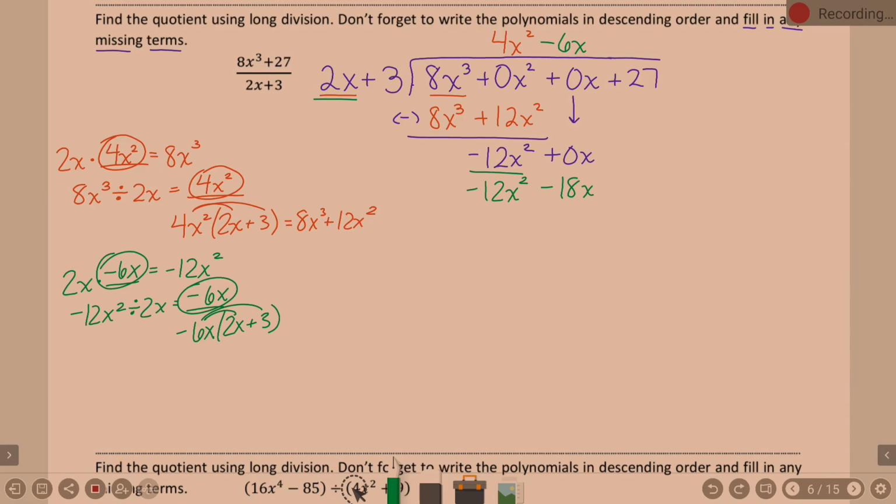So we end up with negative 12x squared minus 18x. And now you are going to subtract. Negative 12x squared minus negative 12x squared cancels. 0x minus negative 18x is 18x.